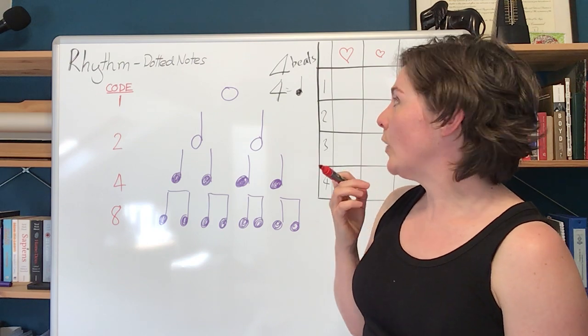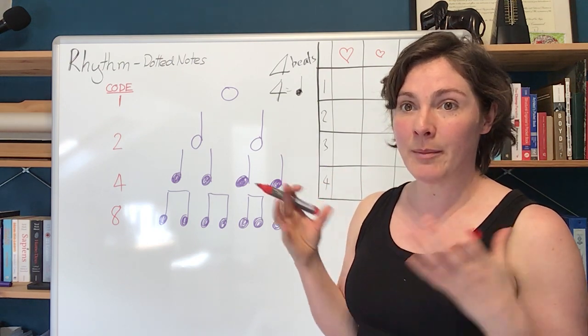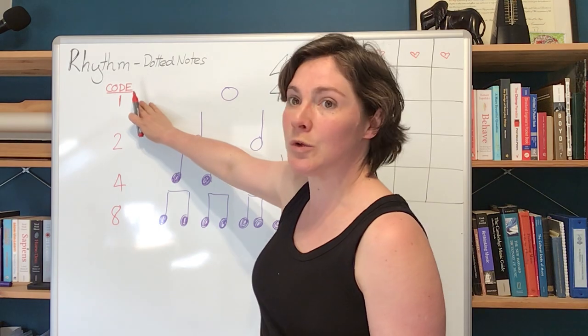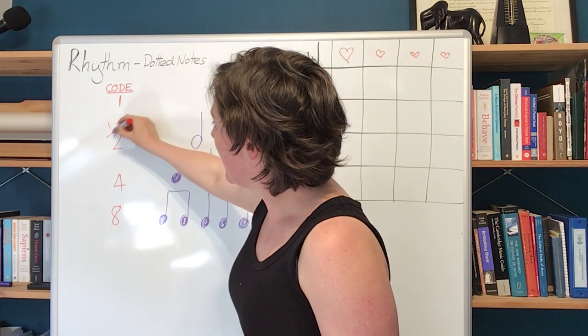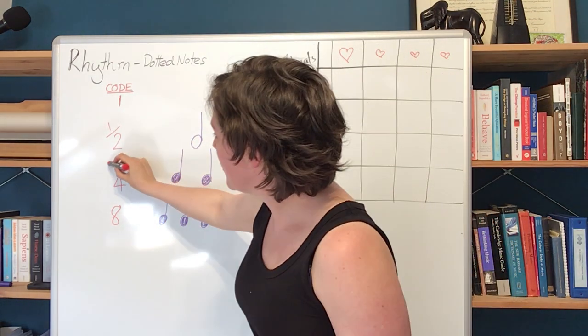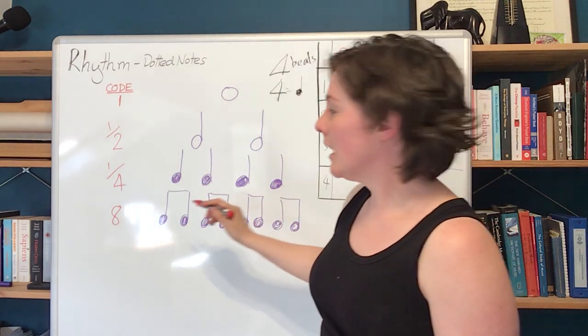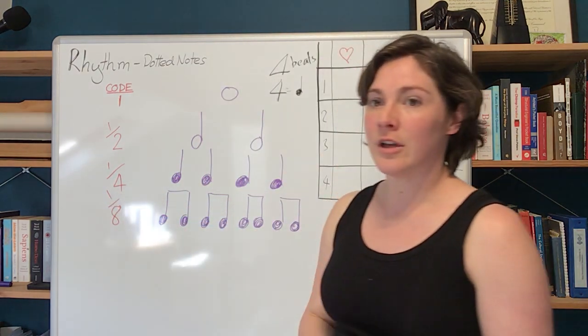If we were going with the American system, this would be a whole note, this would be a half note, these would be quarter notes, and these would be eighth notes.